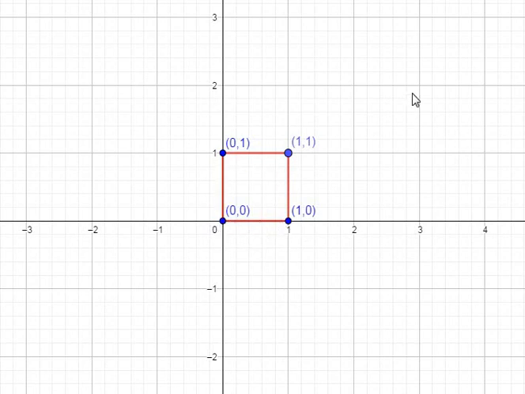It is used to plot the points in the graph. That is why this square is called the unit square, and the order of the unit square is fixed. First we write the origin, then we go right 1, 0, then we go up 1, 1, and then we come to the left 0, 1. These four corners should be written in the fixed order.